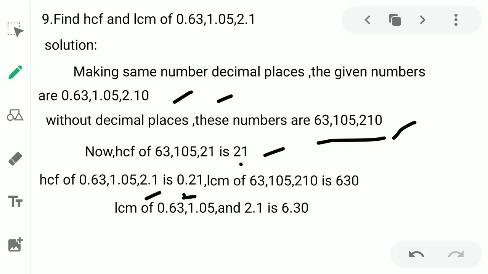And the LCM of 63, 105 and 210 is 630. For LCM, we have to take the highest terms. So the LCM of 0.63, 1.05 and 2.1 is 6.30. That's it, the answer.